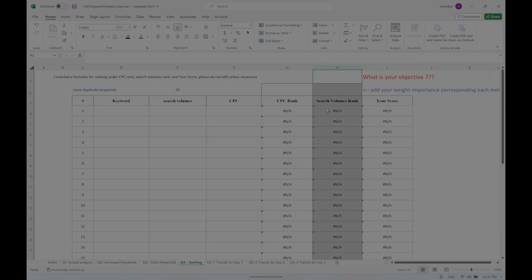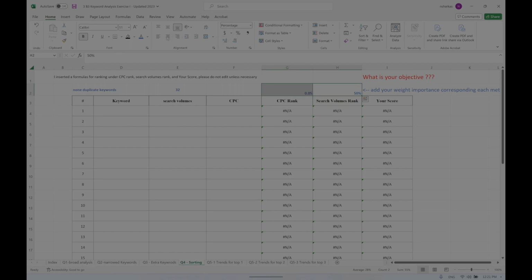Is your objective basically to get the least, or is your objective in between, where you want something half-half? In any case, you need to see, do you want to give here 50%? So you're going to enter 0.5 or 50% over here. Either one.